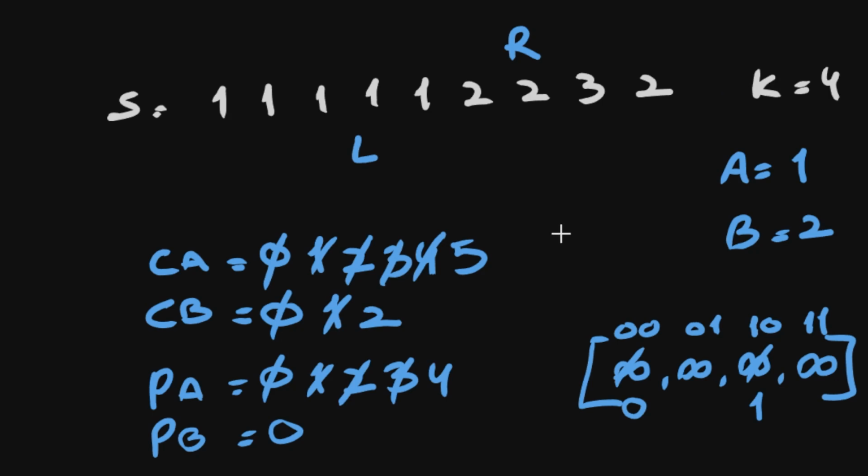Now here comes the tricky part, and this is why I think this problem is very hard. Now we need to take the current state, meaning the state we have at the right pointer. So here we have an odd and here we have an even. This means we have the state 10. And we can use this to check if we have already seen a state with a different a but with an equal b.